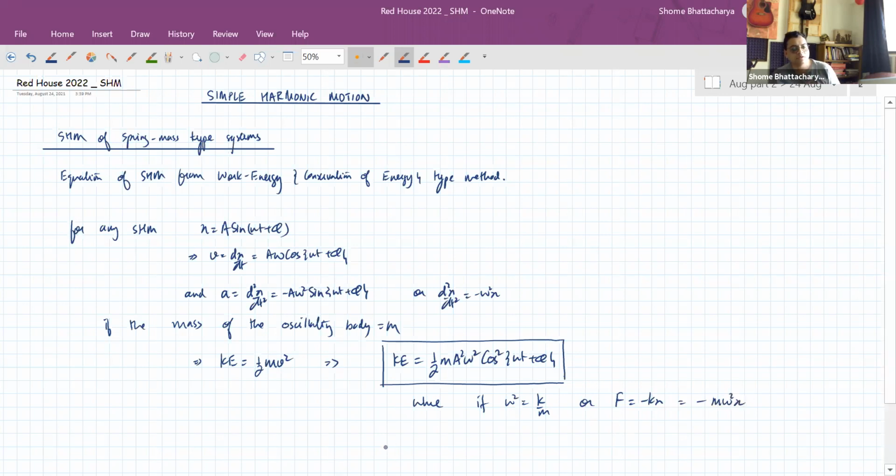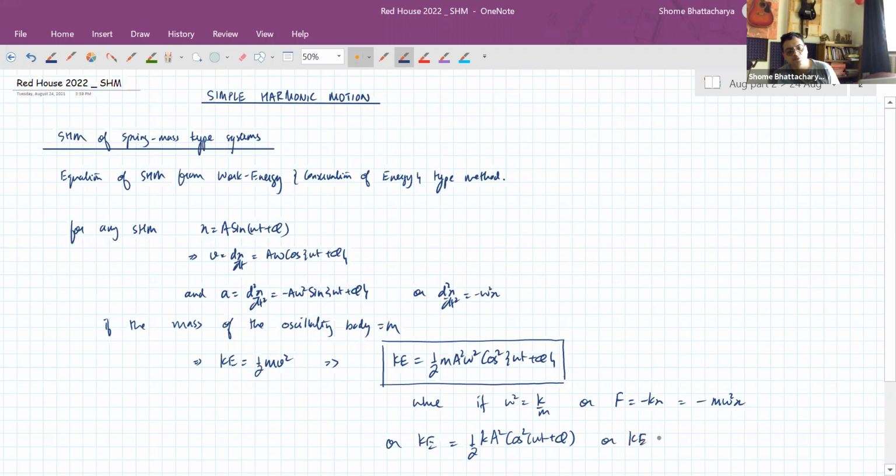Then kinetic energy is half m omega square a square cos square, so m omega square can be expressed as k. So it becomes half k a square cos square omega t plus phi.